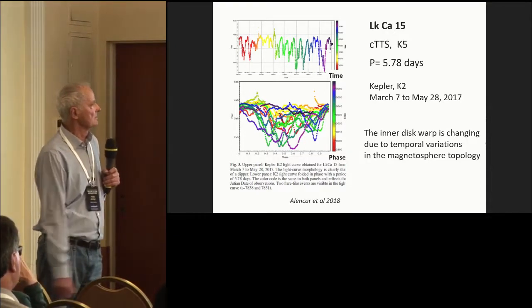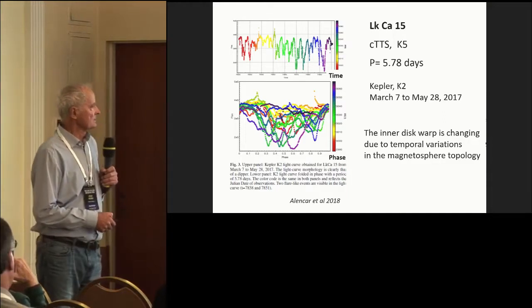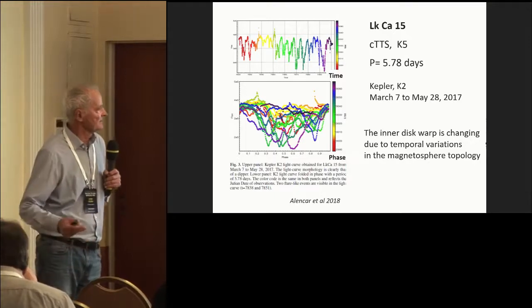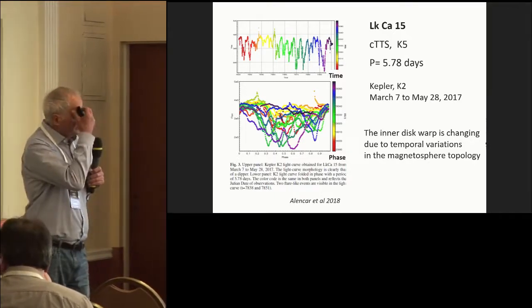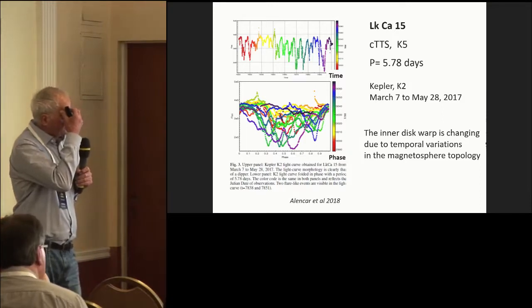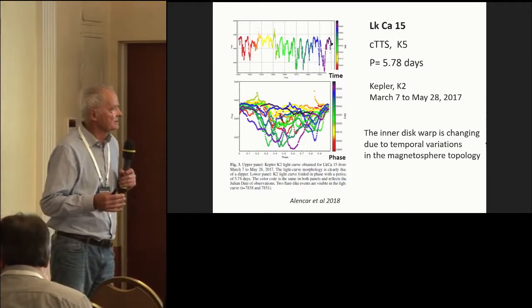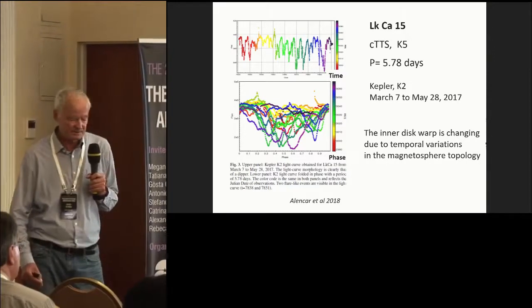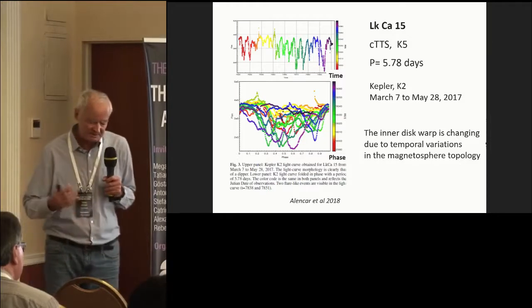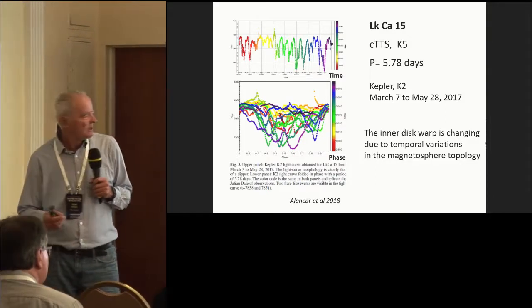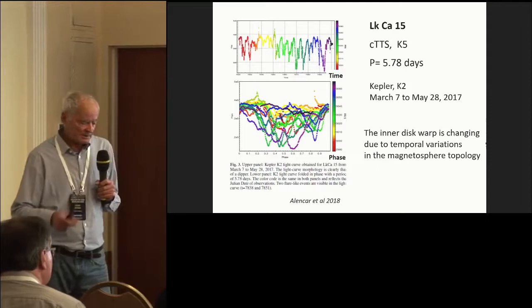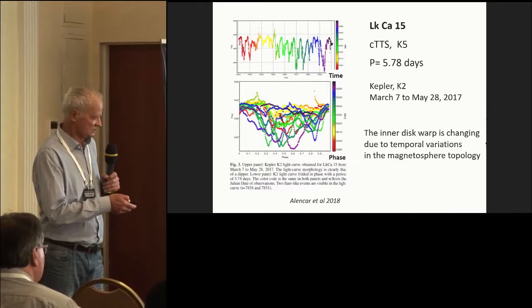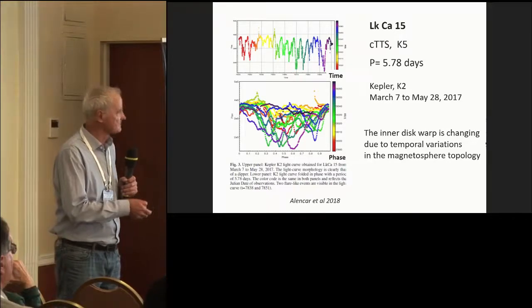Many dips were covered, and almost each minimum has a different shape. According to the disk warp model, the inner disk warp is changing due to temporal variation in the magnetospheric topology. The magnetosphere itself is changing, so on a time scale of several rotations it changes the warp itself.